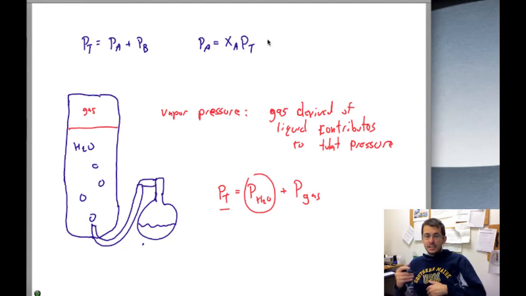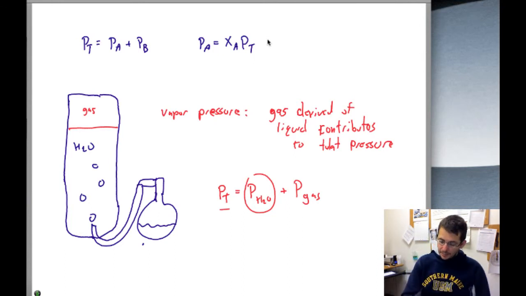As you increase the temperature, the vapor pressure increases. The air holds more water. Now, actually, when you get to the boiling point of water, it turns out that the boiling point is when the vapor pressure equals the atmospheric pressure. And so at that point, all of the gas above the water is steam, is water vapor.